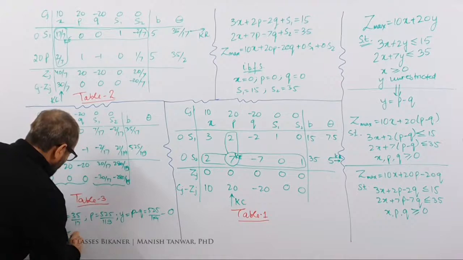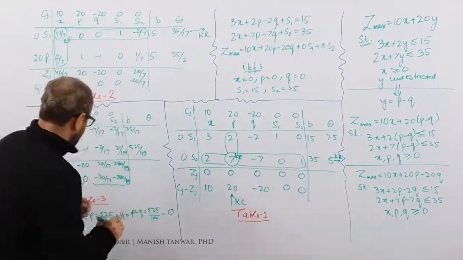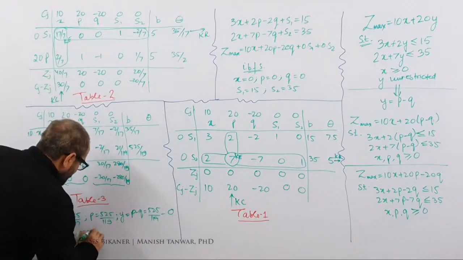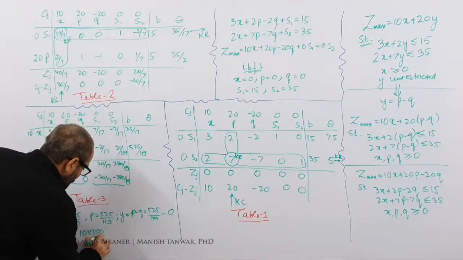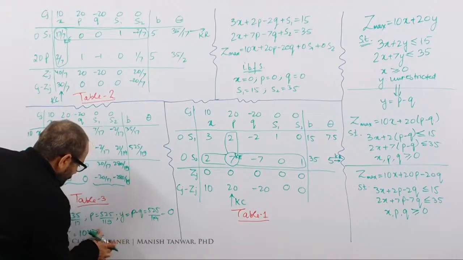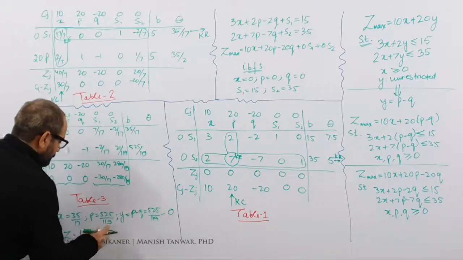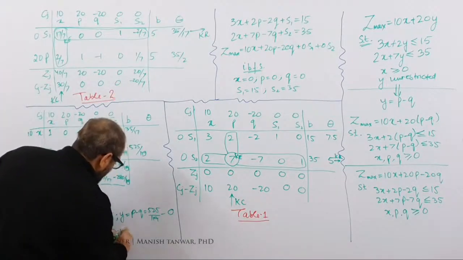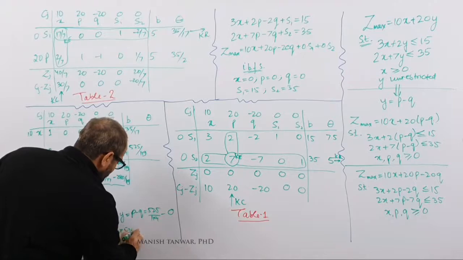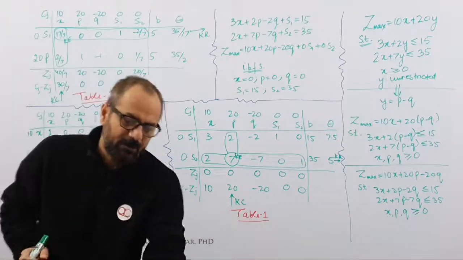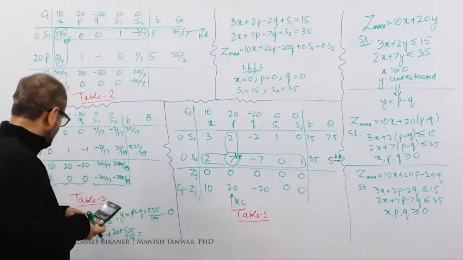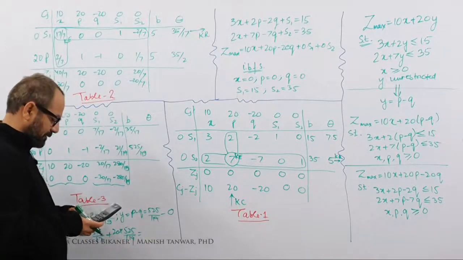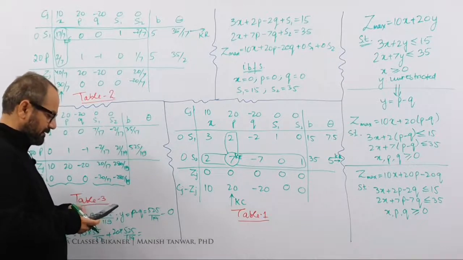So, Z would be 10x plus 20y. 20y is 525 upon 119, giving me final value of 350 multiplied by 7.